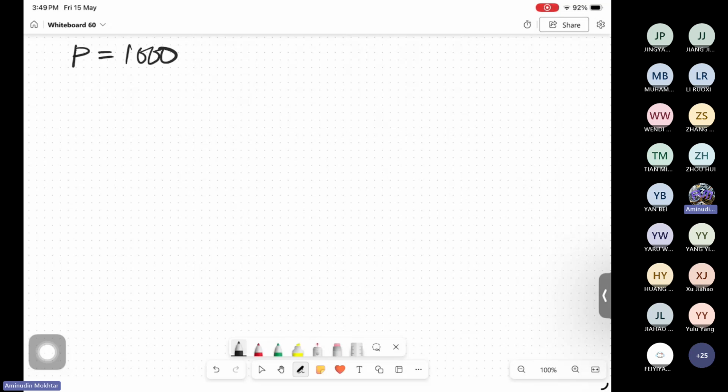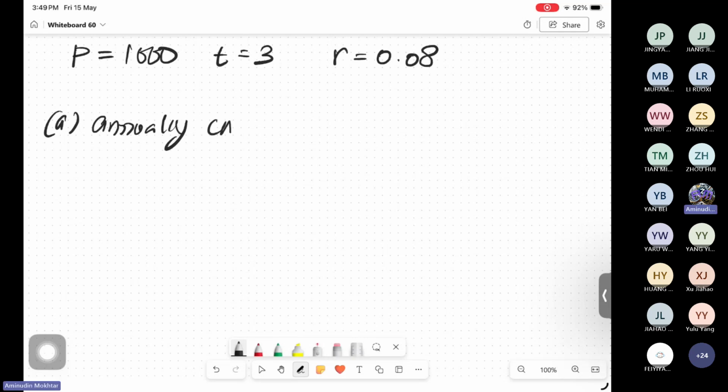For 3 years, t equal 3, and the nominal interest rate R equal to 8% per annum. But let's say we assume that the interest rate is compounded annually, or m equal 1 in this case.